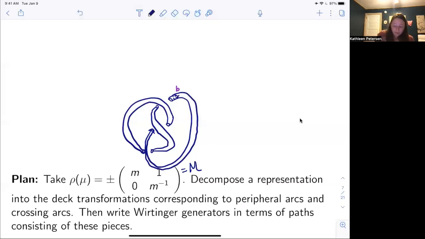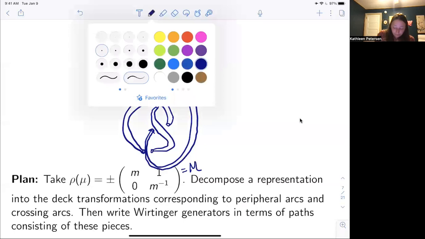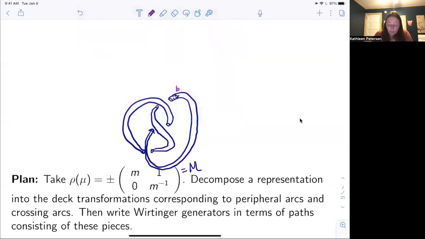And what am I going to do? Starting at my base point, I'm going to show you how to realize all of the Wirtinger generators by decomposing them in terms of what I'm going to call peripheral arcs. So that's going to be an arc going just along the boundary torus. And then at a crossing, I'm going to hop from one component of the knot to another.